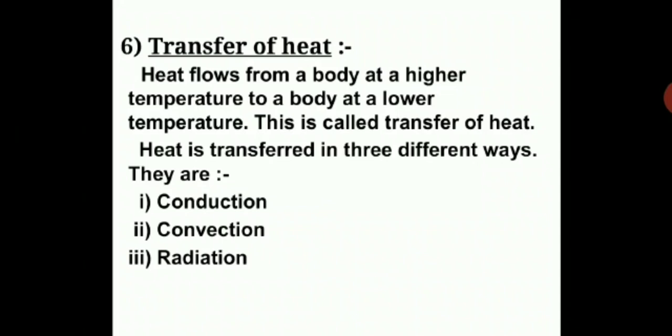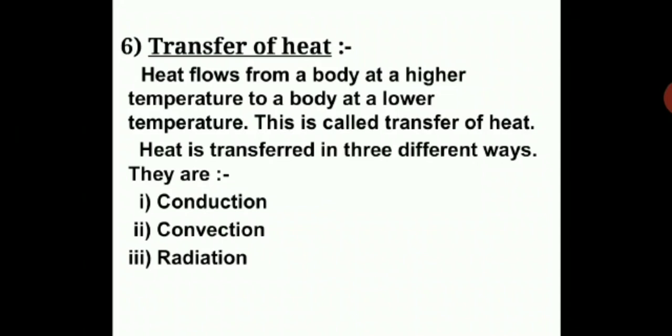Like if you have two water tanks and they are connected, and one has a higher level of water, and the other tank has a lower level of water, and you connect them, then the water from the tank which has a higher level will move to the tank which has a lower level of water till the level becomes the same. A similar concept can be applied here to understand the transfer of heat. Transfer of heat always takes place from a hotter body to a colder body. So this is called a transfer of heat.